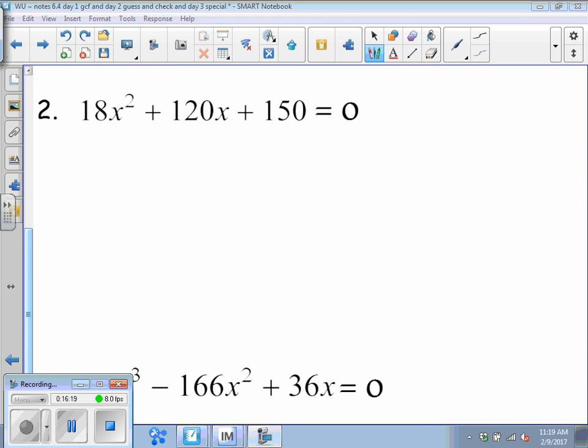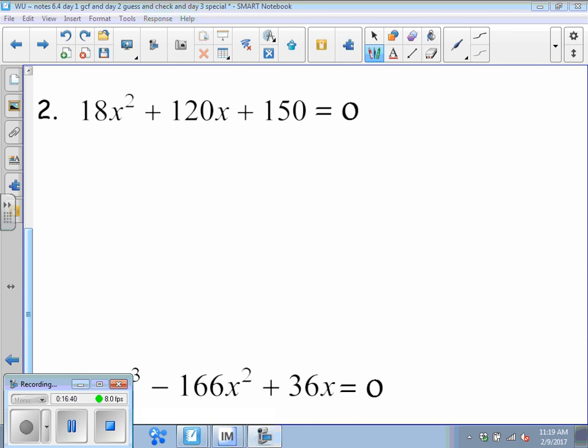All right, let's look at number 2. There's a red flag that goes off. There's a lot of big numbers, right? Can I shrink those numbers down? By what? Factoring out a 6. Okay?